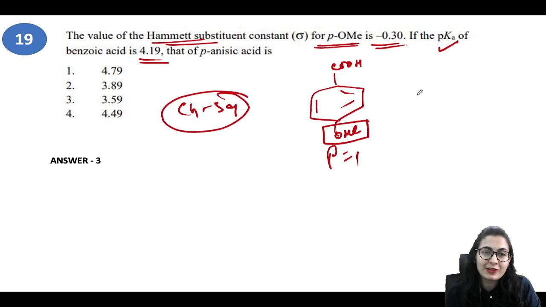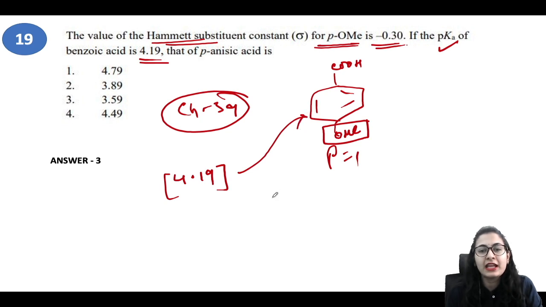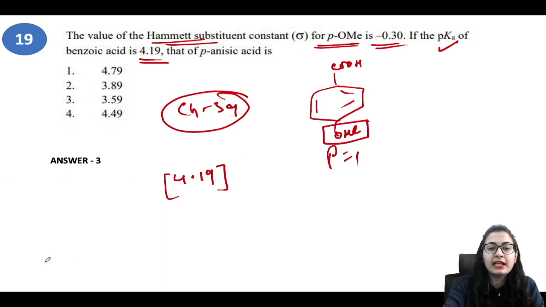It's only based on logic, and the options make it even easier. How? You see that the 4.19 value is for benzoic acid. Alright, that is for benzoic acid simply. This is para-anisic acid. But this pKa value is for benzoic acid.